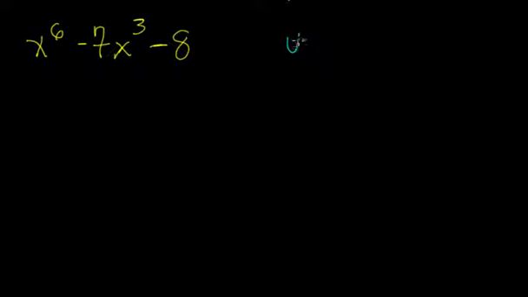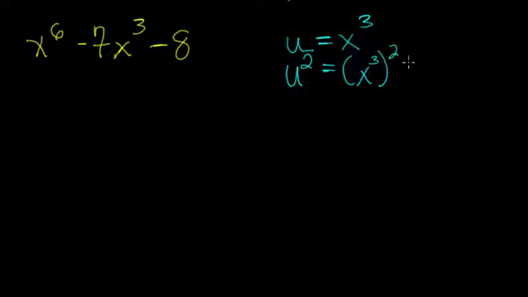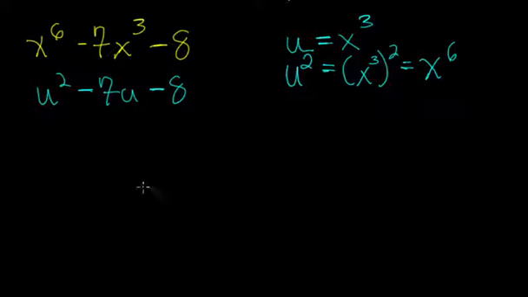I'm going to say that U equals x cubed. Well, what would that make U squared equal? Well, U squared would be x cubed squared, which equals x to the sixth. So this is U squared minus 7U minus 8. Alright, so that's good. What I can do is then factor this.